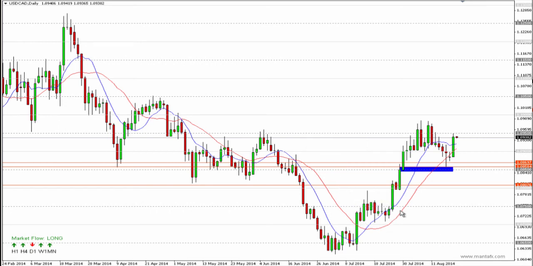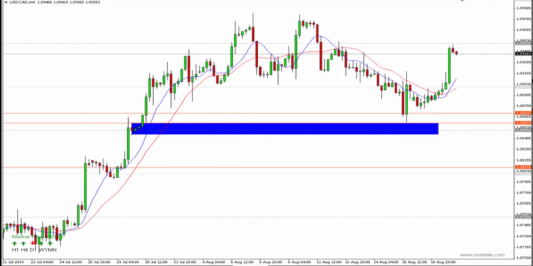Actually, the moving averages were still issuing for longs, but I'm a bit cautious because I like to see both the market structure on the daily and the moving averages pointing up, so it gives me some more confidence. I know some of you might not, but I play it cautious.